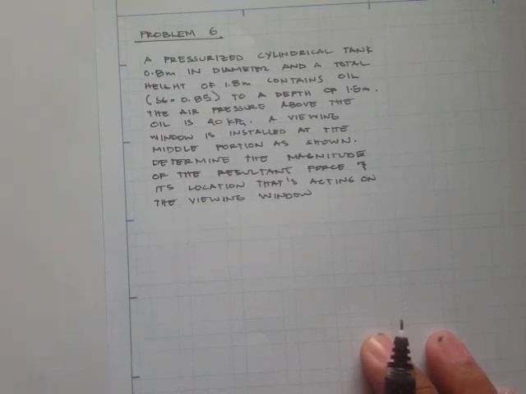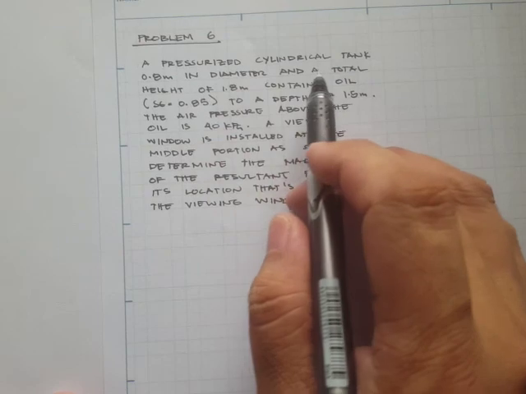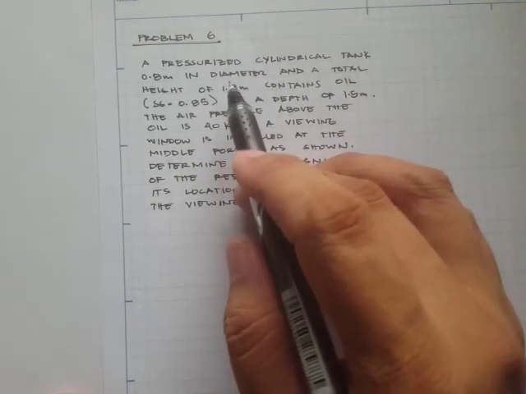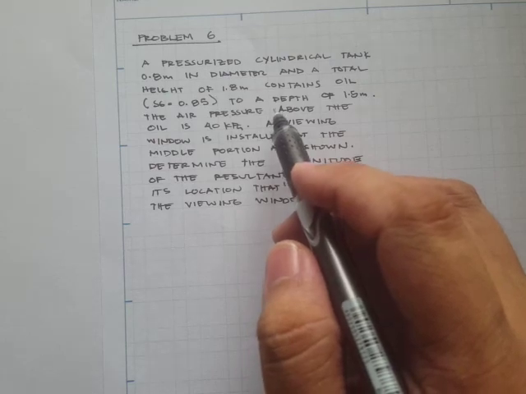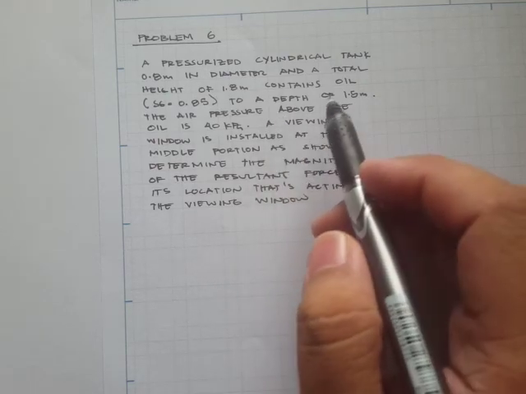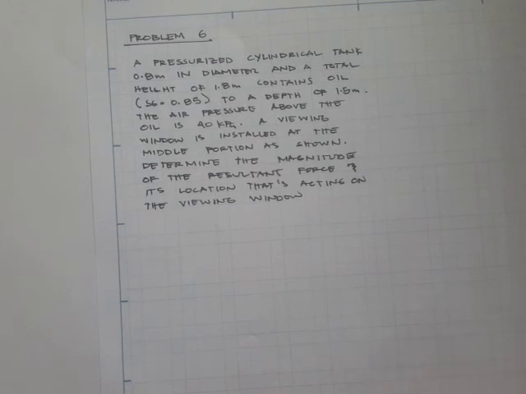Most of the problems that we did, or I think all of the problems that we did, were open tanks, or containers, or situations where there's a free surface and the free surface is exposed to the atmospheric pressure. Okay, so for this one, it is a pressurized cylindrical tank, 0.8 meters in diameter and a total height of 1.8 meters. That contains oil with an SG of 0.85 to a depth of 1.5 meters.